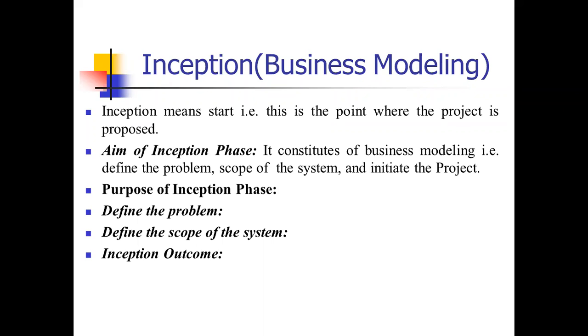Then the outcome of that inception phase. The outcome, or we can say the artifacts, of the inception phase are the problem statement, the scope of the system, the identified external entities, and the problem definition.